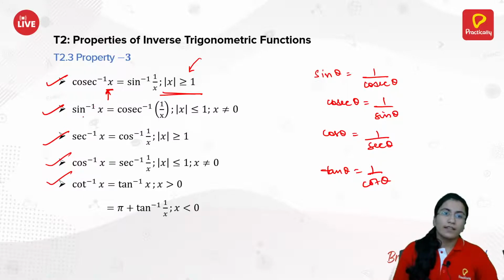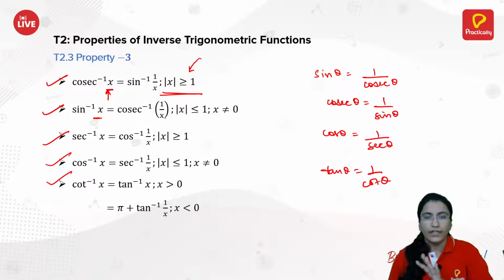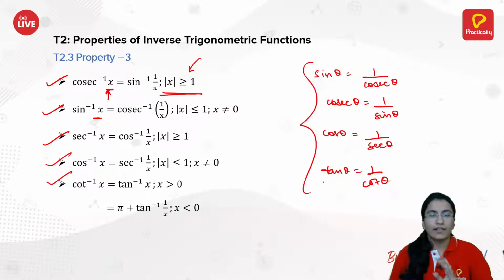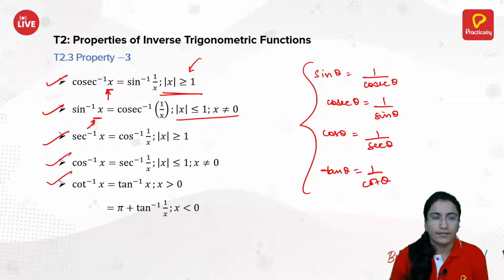Next, again here you have sine inverse of x equals cosecant inverse of 1 by x. This is already known, using these relations we can easily write. But how will we write this domain? Let's just see. This time x is supplied to sine inverse x, right?